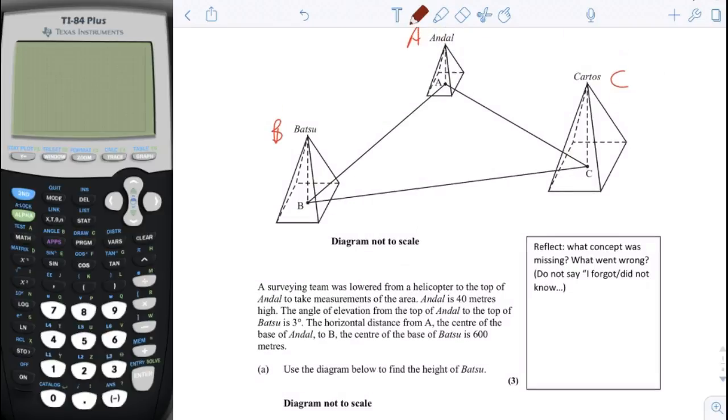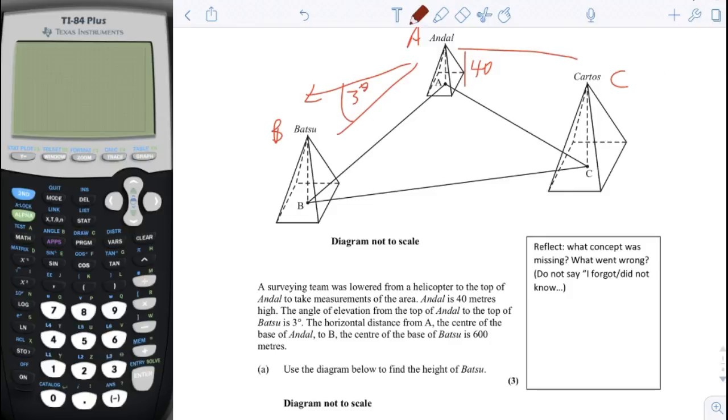Andal is 40 meters high. The angle of elevation from the top of Andal to the top of Batsu is 3 degrees. So looking up at Batsu, it's 3 degrees angle of elevation.